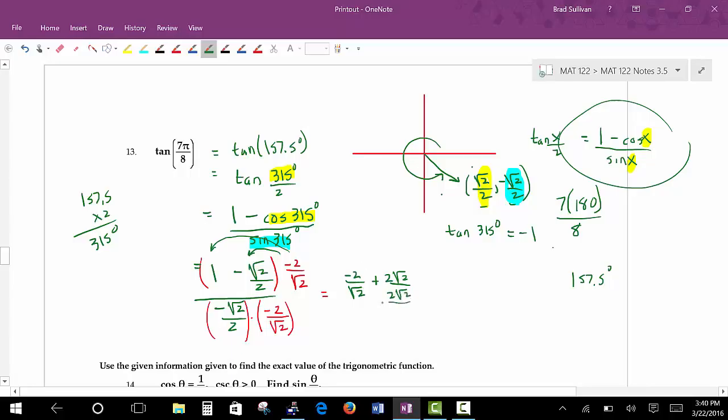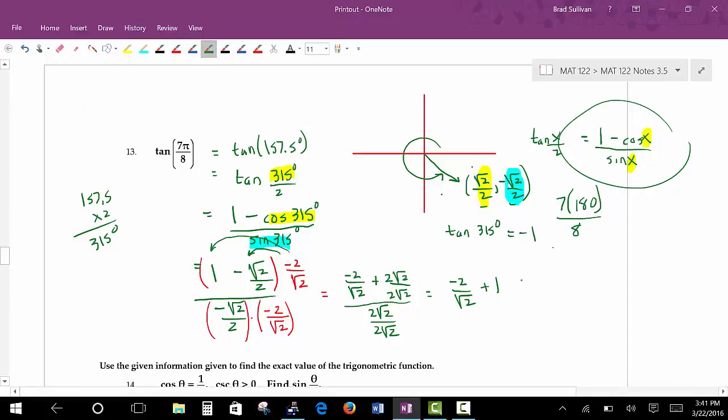Then the bottom is going to give you 2 root 2 over 2 root 2, which is 1. So what I end up getting is -2 over root 2 plus 1 all over 1. And really all I got to do on this thing now is just rationalize that denominator and get a common denominator to get this worked out.